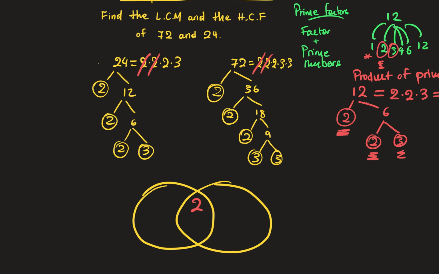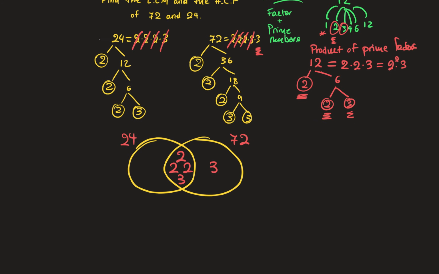We do the same for the second 2, and then the third 2, and then the same for the 3. And of course, the 24 is going to be on this side, and the 72 is going to be on this side. What is left now is the 3, which I'm going to put into the side of the prime factors that are leftovers for only 72.